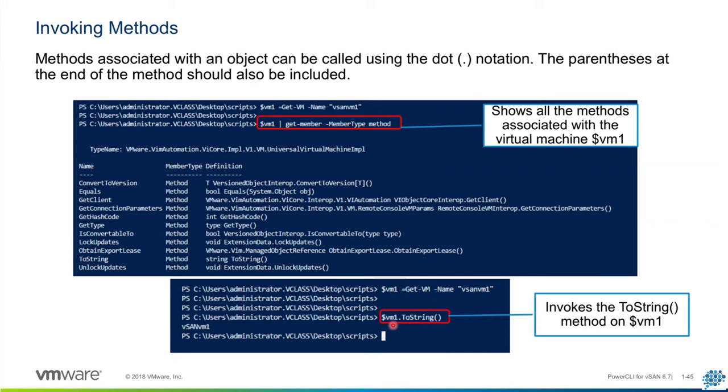And then I am going to invoke a particular method called ToString. So I just say VM1.ToString. So basically it does a conversion and produces the string output of that VM name, which is the text output of the virtual machine name. So this is just an example of the ToString method.